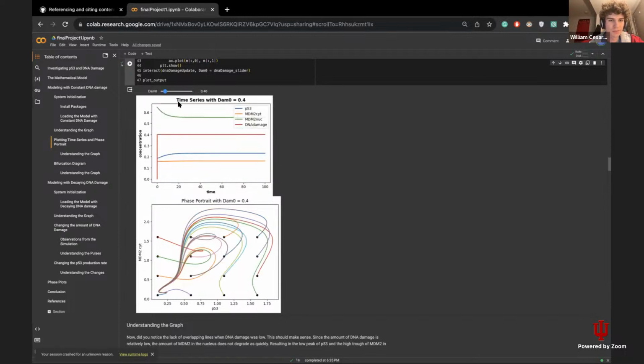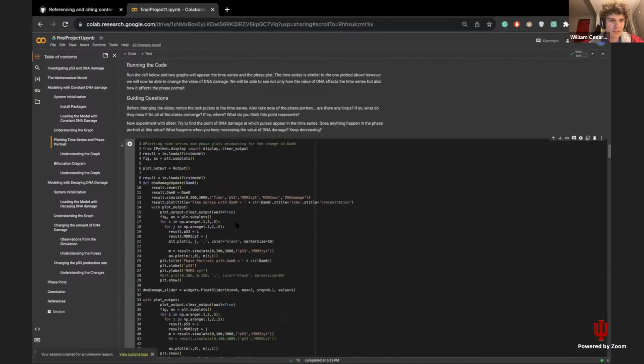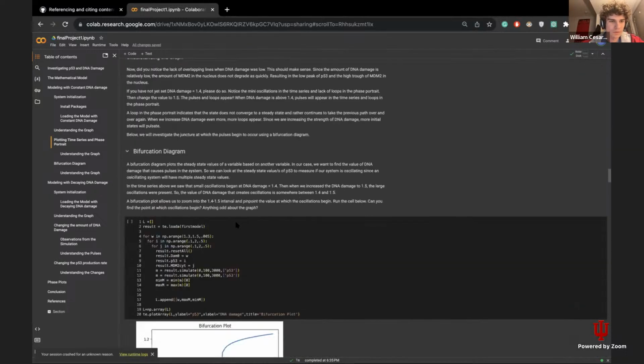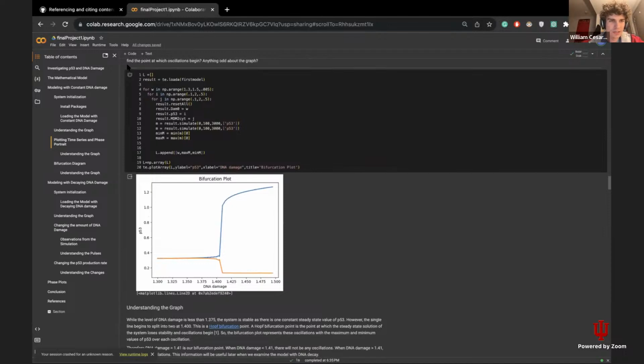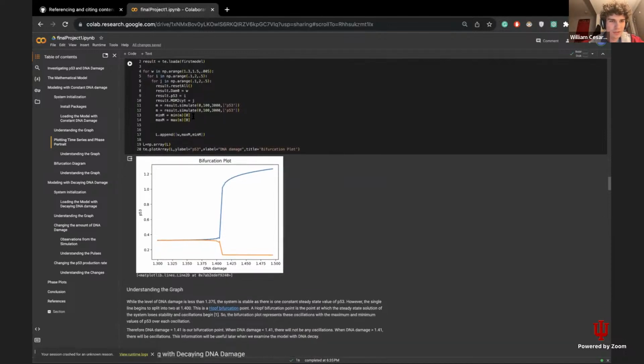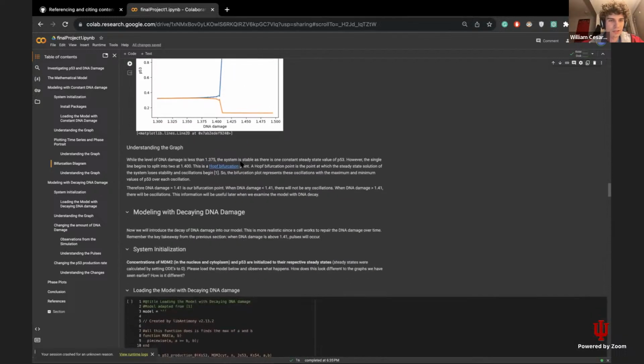If you make it super small, nothing happens, which makes sense. Then I plotted the bifurcation diagram. This was plotting the steady state value of P53, and actually the minimum and maximum values of P53, because after a while they change.